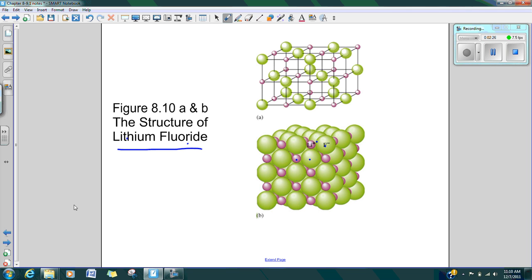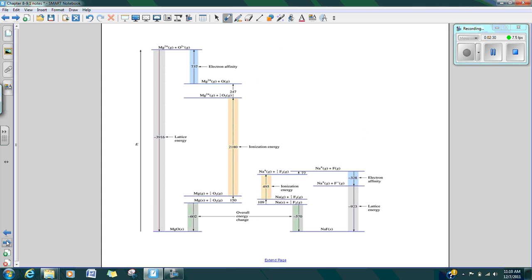So if they are both a +1 and -1 charge, it's easy to pretty much figure out its lattice energy. This diagram, I realize, is a little bit small. You might need to go ahead and take a look at this in your textbook. But as we take a look, we can see that we are increasing in energy. Now this comes from Coulomb's law, C-O-U-L-O-M-B, Coulomb's law.